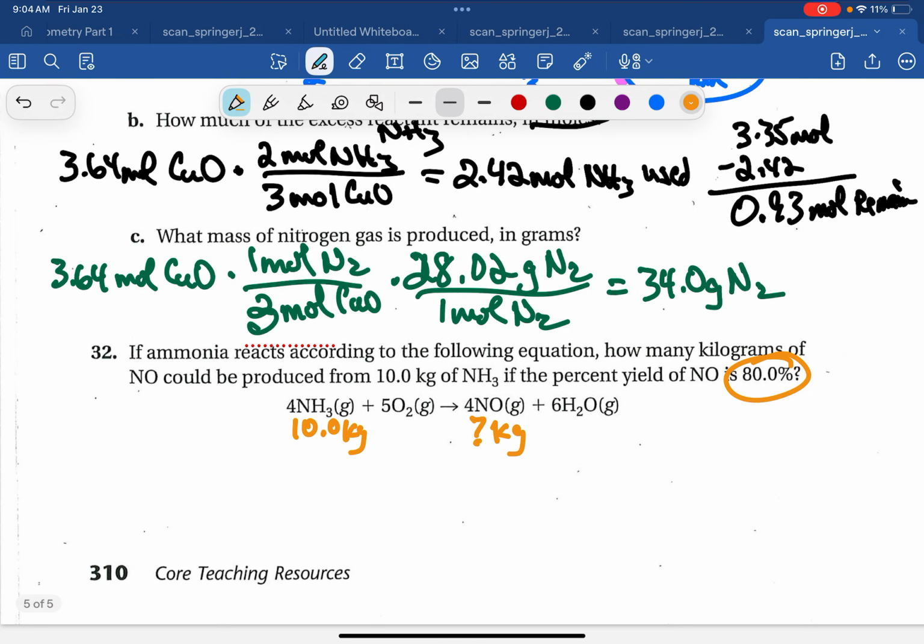Okay, so we'll start with, and again, we got kilograms to kilograms, so we don't need to do the multiply by 1,000 and divide by 1,000.